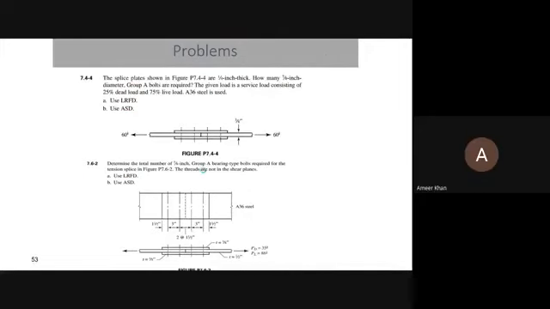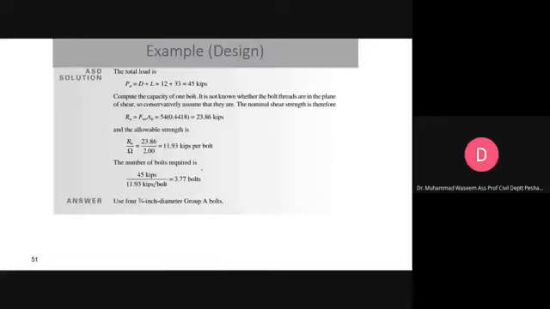Yes, sir. What is your name? Sir, Amir Khan. Amir Khan, you have completed this problem? Almost, up to some extent. Okay, what about other students in the class?